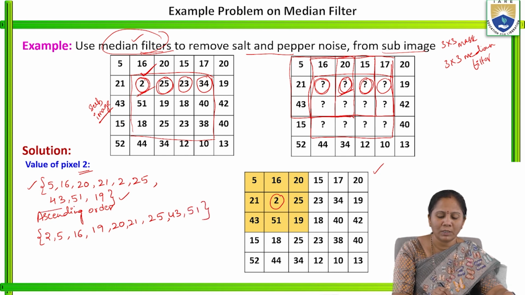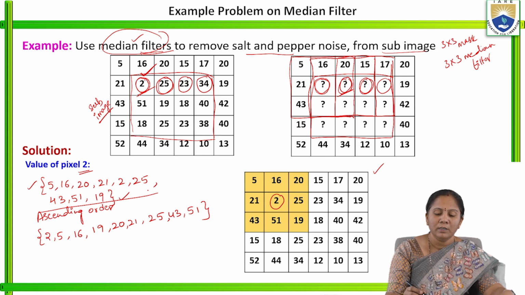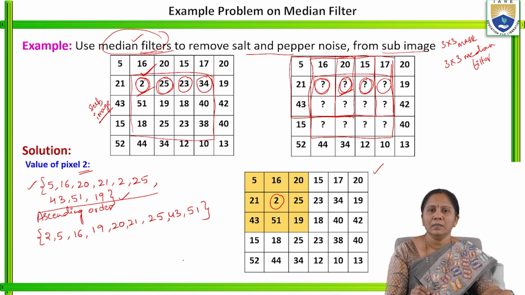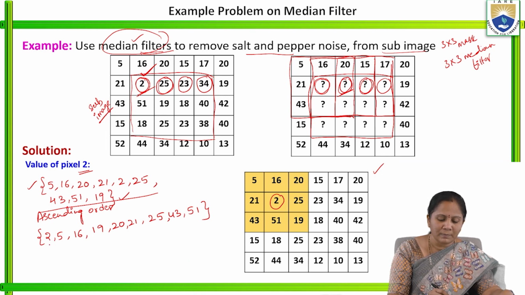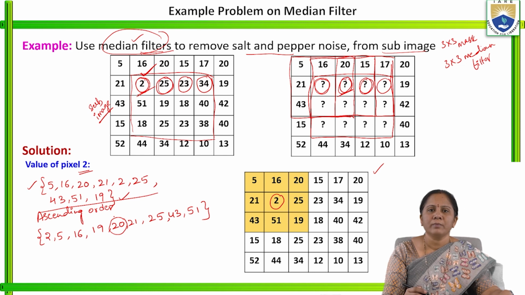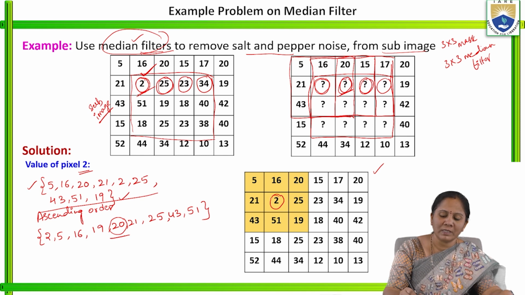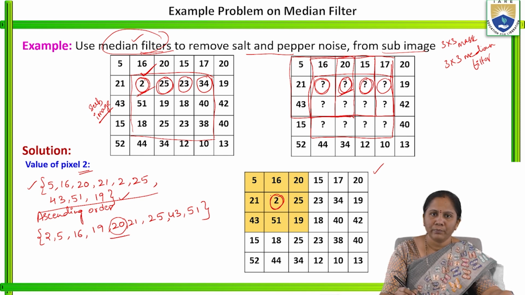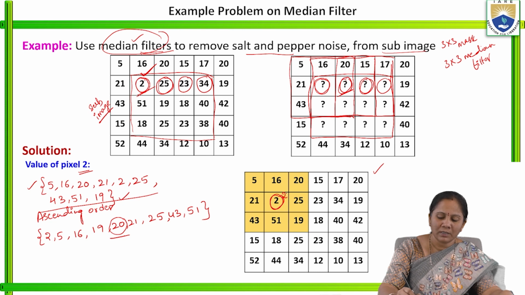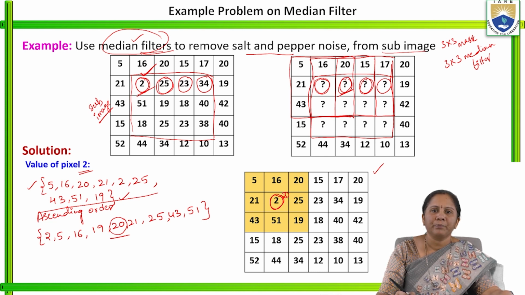Median filter means that after arranging in ascending order, we see which one is the middle value, the center value. If you observe here, 1, 2, 3, 4 and from here 1, 2, 3, 4, this 20 is the middle value that we have to consider as the output pixel and replace in place of this 2. So 2 will be replaced with 20.